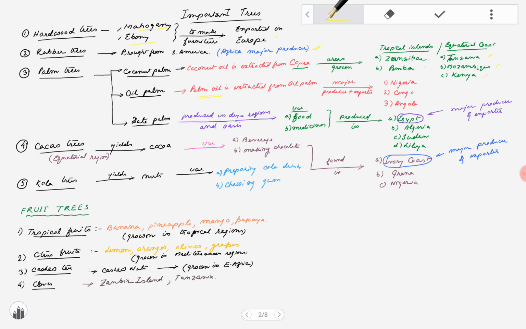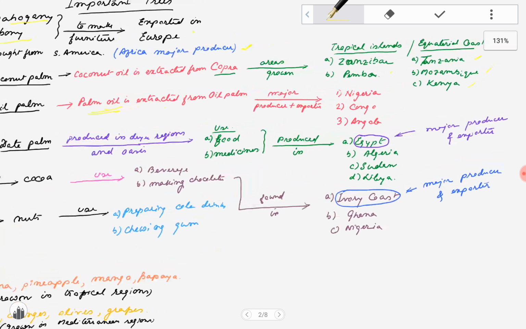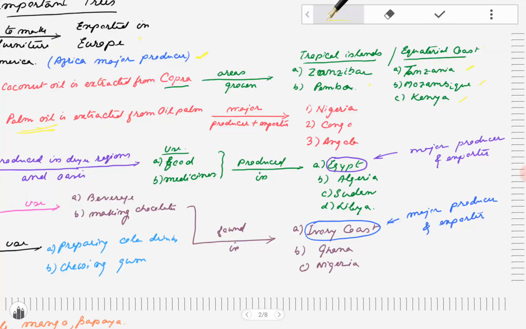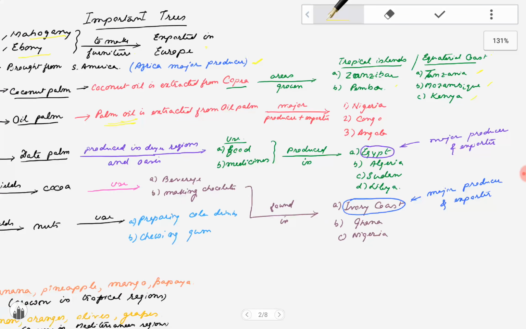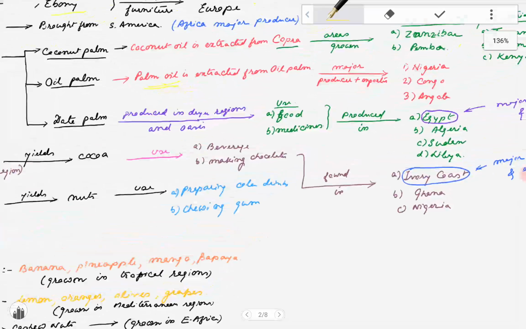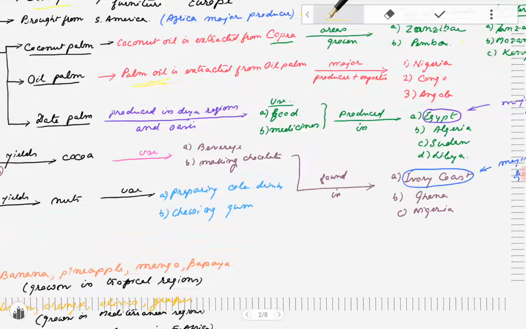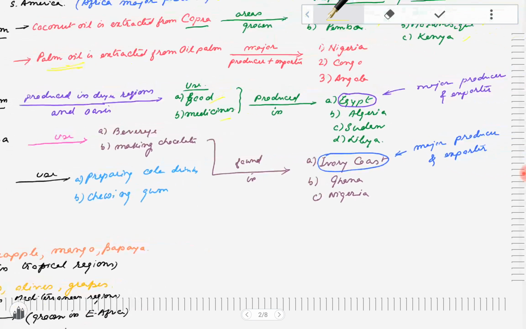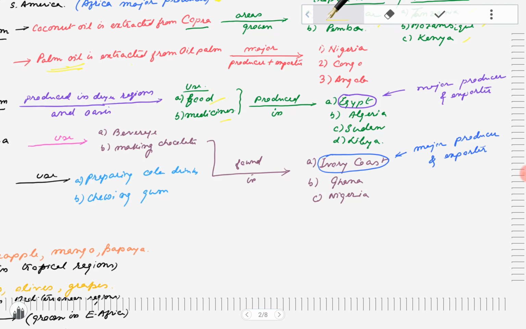The major producers of oil palm are Nigeria, Congo, and Angola. The date palm is produced in dry regions and oases, and they use it as food and medicine. It is produced in Egypt, Algeria, Sudan, and Libya, and among them, Egypt is the major producer and exporter.